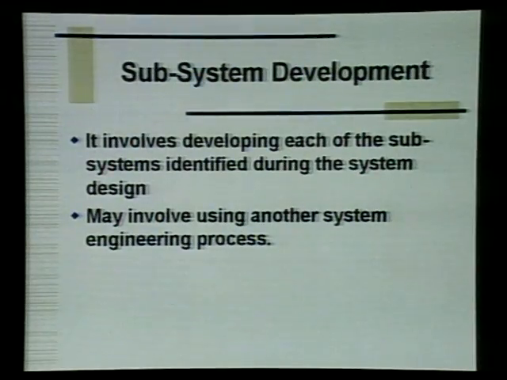It might involve using another system engineering process. For example, if a subsystem is a software system, then you have to use one of these software process models to develop the software.